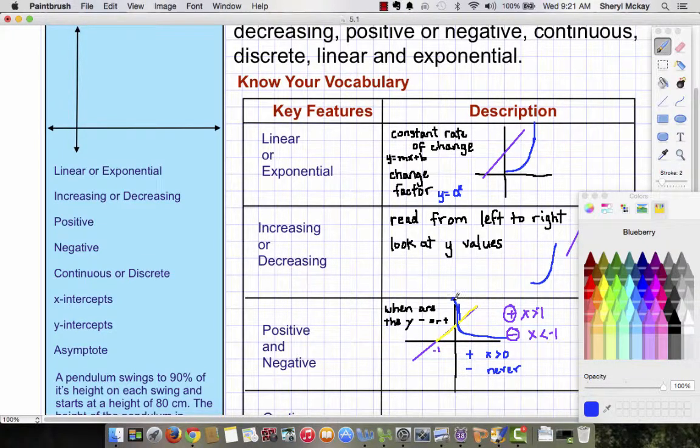My graph is actually starting right up here where x is 0, and every other point after that is when y is positive. So that's positive and negative. You just have to really think about looking at the y values and when is it positive, when is it negative, based on the x, and you write an inequality based on the x. All right.